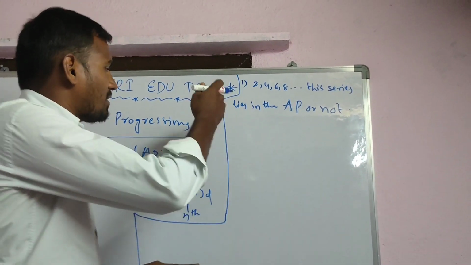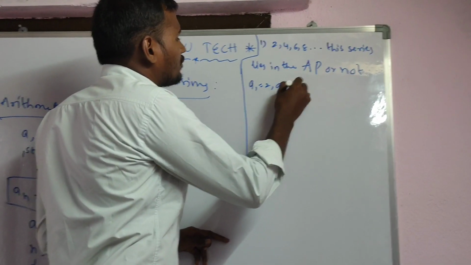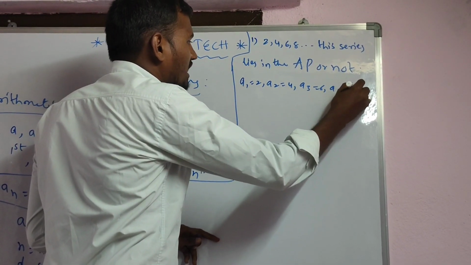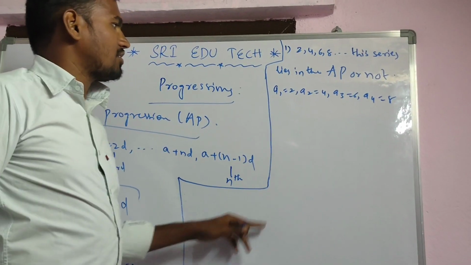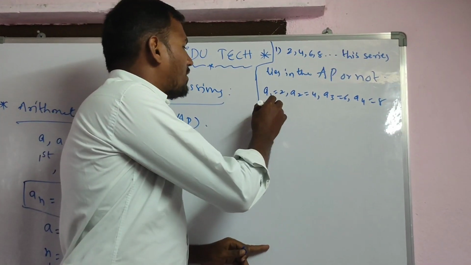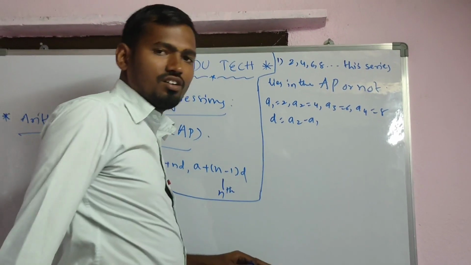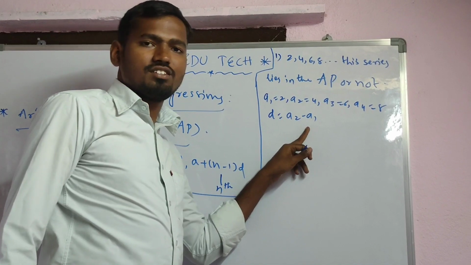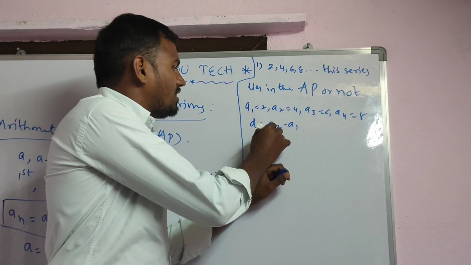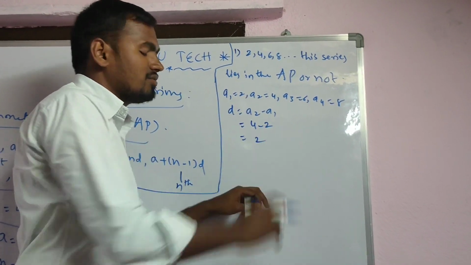Here a1 is equal to 2, a2 is equal to 4, a3 is equal to 6, and a4 is equal to 8. Then find the common difference, d is equal to a2 minus a1. A2 is 4 minus a1 which is 2, and 4 minus 2 is 2.